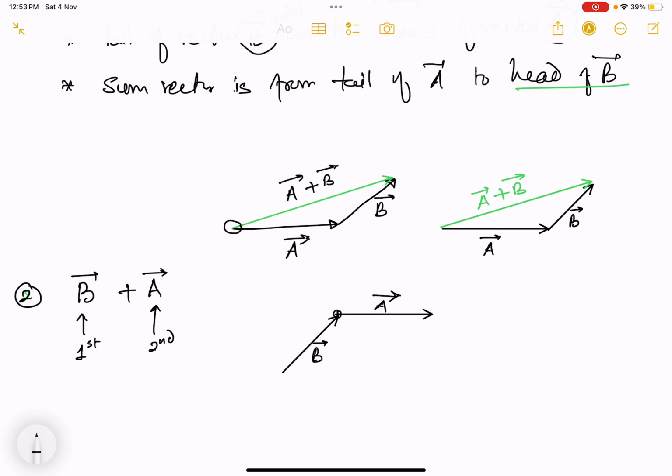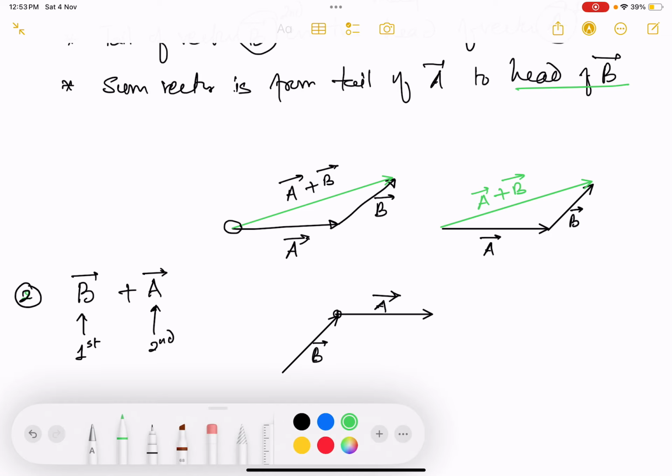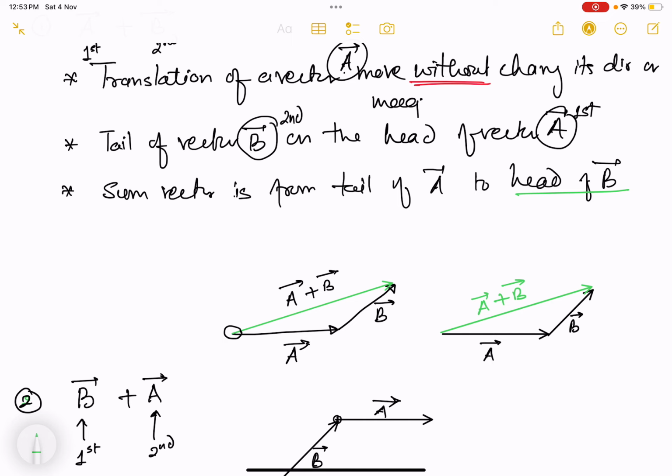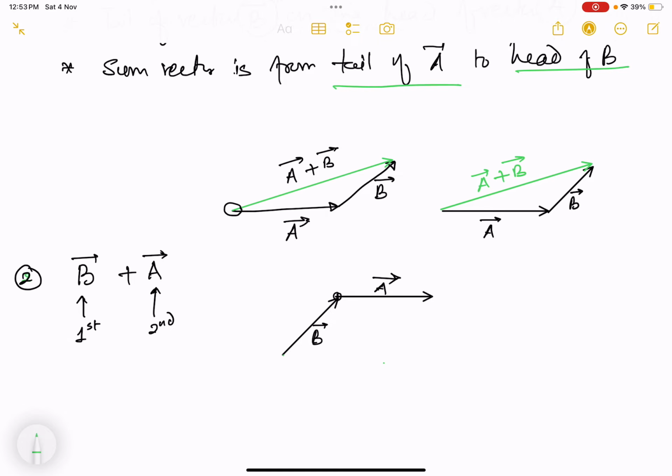Then the resultant will be from tail of the first to the head of the second. This is your resultant. This is B plus A.